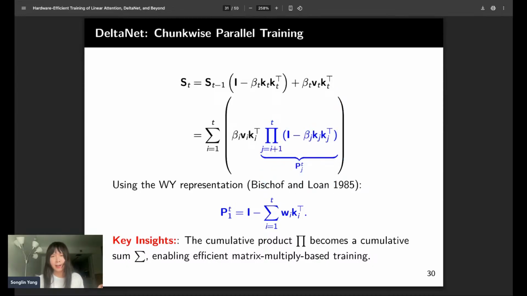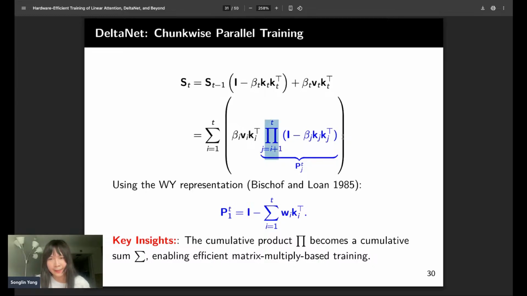For arbitrary RNNs, if we have an arbitrary transition matrix of size d by d, this cumulative product computation will be very computationally intensive. However, for DeltaNet, because it uses a structured transition matrix, this matrix is of the form identity plus low rank. And in this case, there are existing algorithms for fast computation.